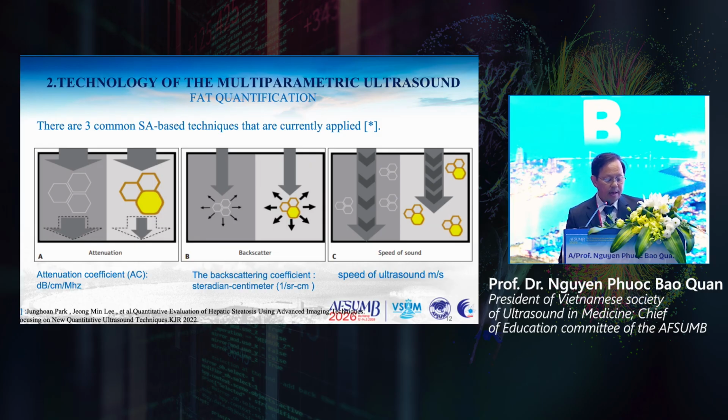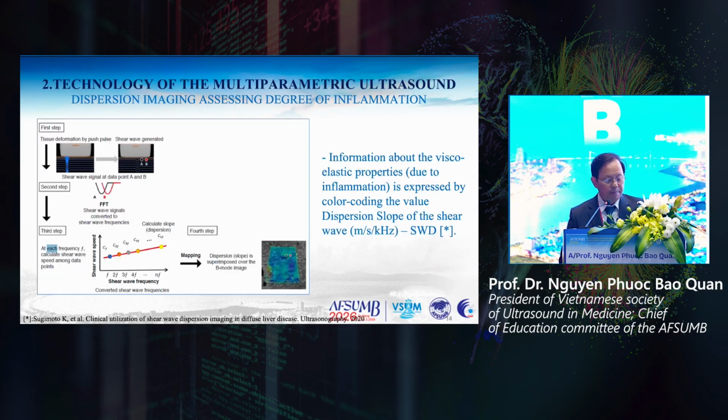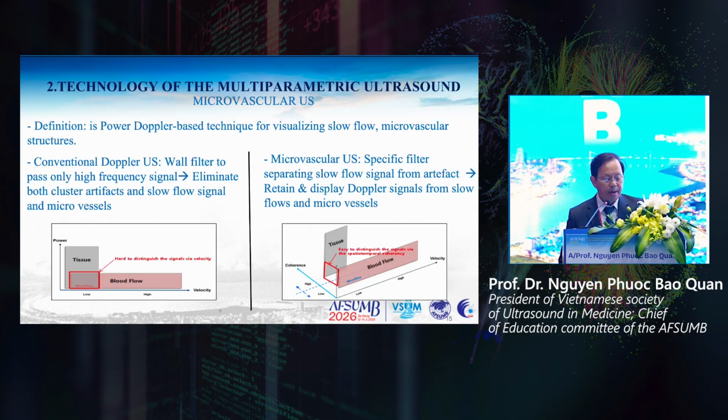We can base it on the attenuation coefficient, the backscatter coefficient, and the speed of ultrasound. Another parameter in multiparametric ultrasound is viscosity or dispersion, which is the change of the velocity of the shear wave due to the viscosity in the tissue.